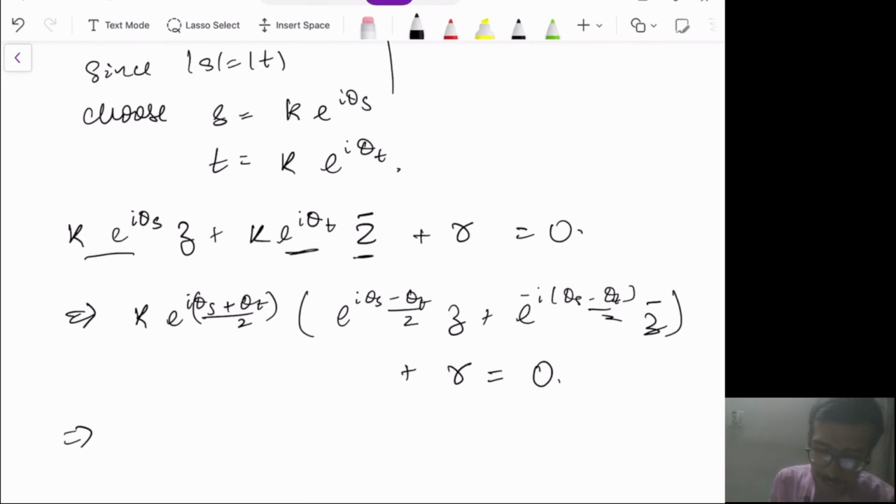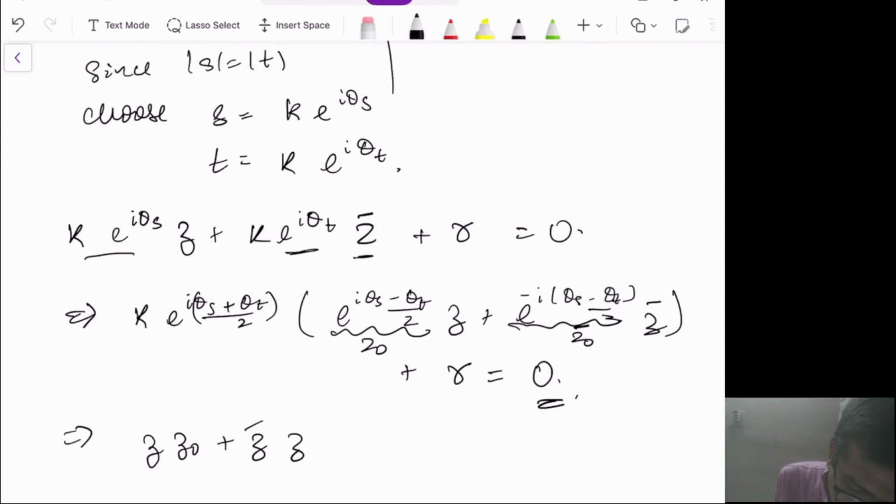Now suppose I write this as z naught and this as z naught bar. They are actually conjugates of each other, so it looks like z naught z plus z naught bar z-bar plus r times e to the power minus iota (theta s plus theta t)/2. Let me retain the k over here, since k can be 0. I can combine k with these values and call k times e to the power iota (theta s minus theta t)/2 as z naught.